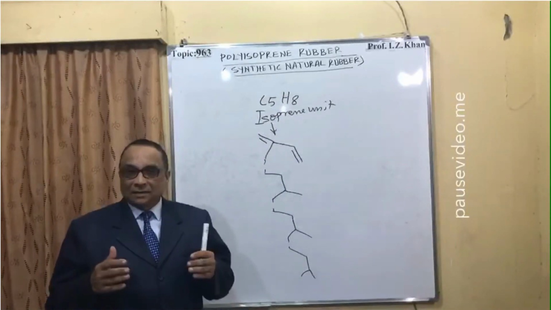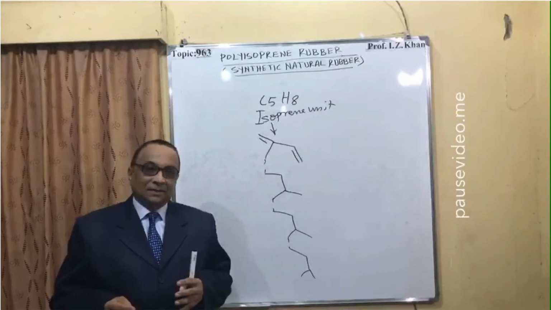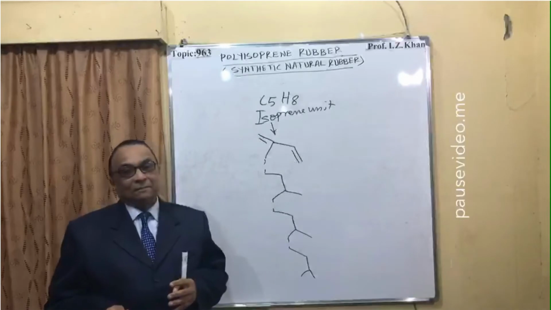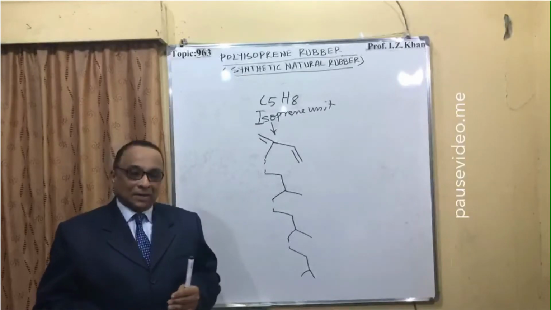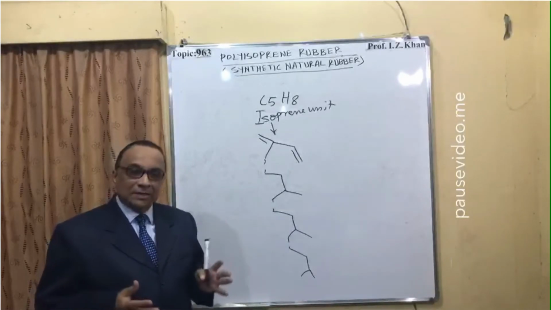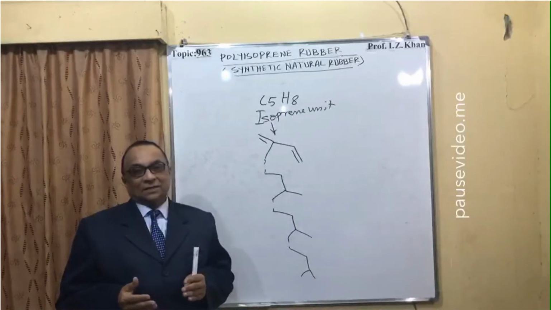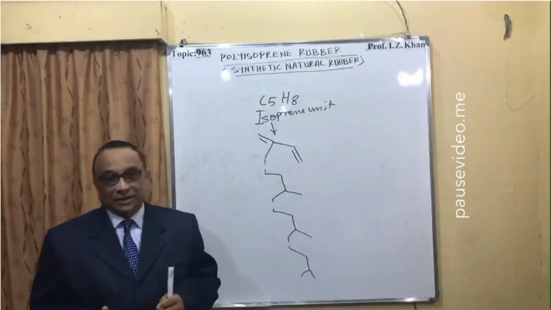So these rubber companies, Firestone and Goodyear, tried several methods, and all these methods to get the isoprene C5H8 unit were very costly.